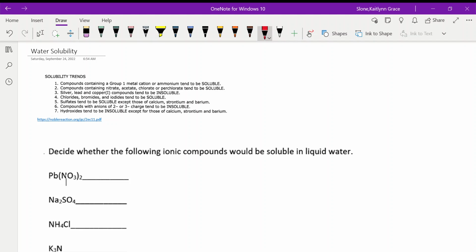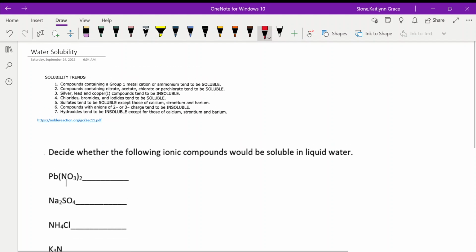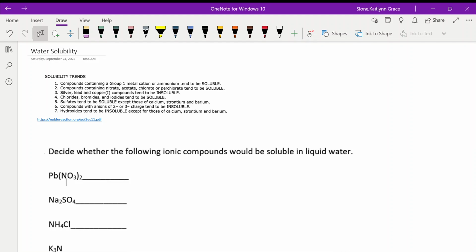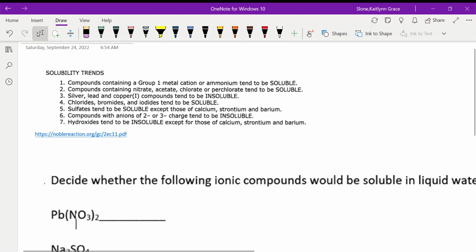All right, going down to our first problem, we have lead nitrate. What you do is you look at the first rule, going chronologically from the first rule down to the seventh rule. The first rule: compounds containing a group 1 metal cation or ammonium tend to be soluble.